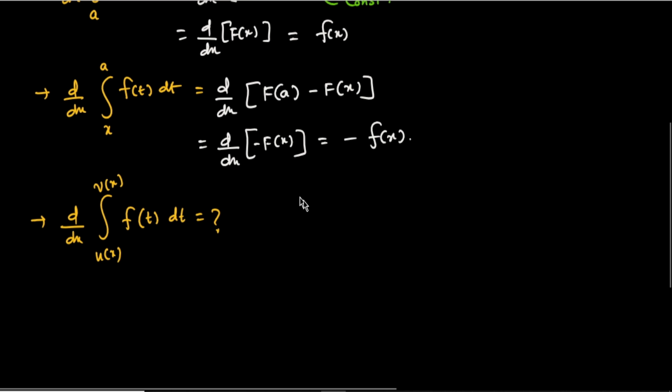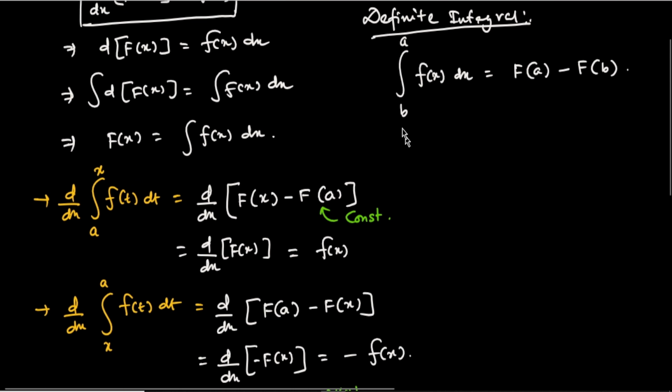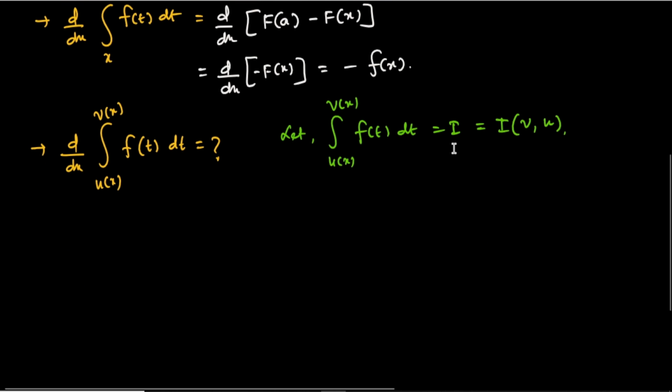In this case we will take, let's say, the integral I. If we solve this integral by using the definition of definite integrals, then I is a function of v and u. Here you can see the definition of definite integral. The result is an expression in terms of the upper limit and lower limit. So we can say that I is a function of u and v.